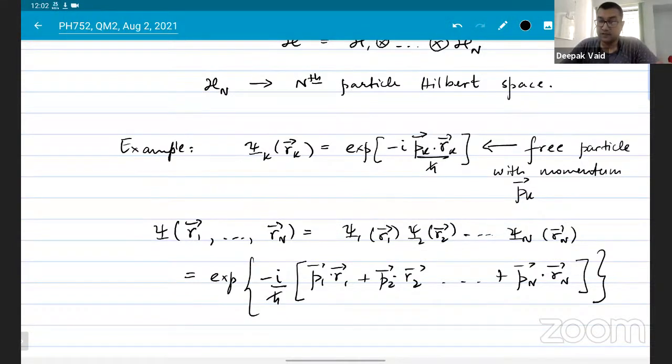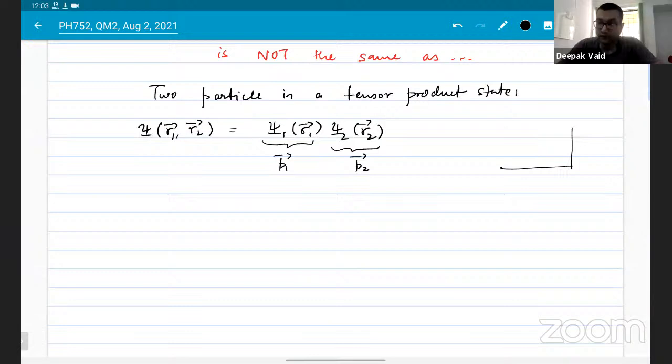You have to take the sum over all anti-symmetric permutations. And if you have bosons, then you take the sum over all permutations. But here I'm not doing that. I'm forgetting about the fact that they are bosons and fermions. My goal is just to explain this tensor product.